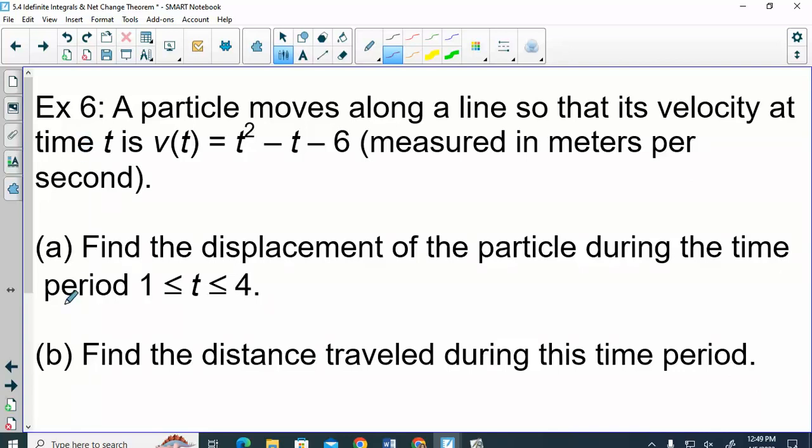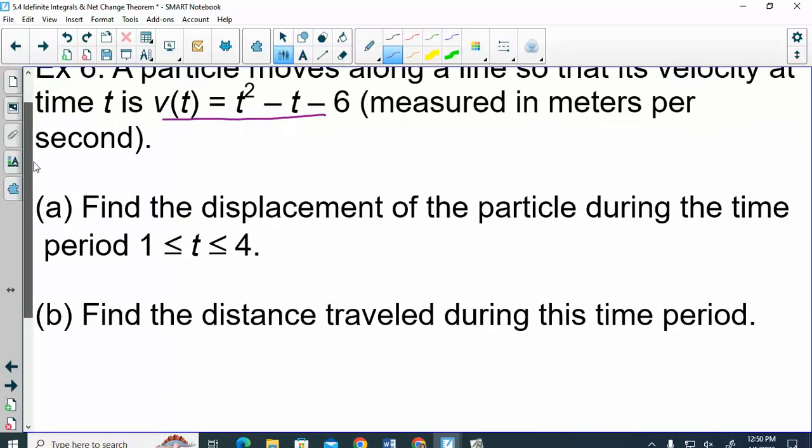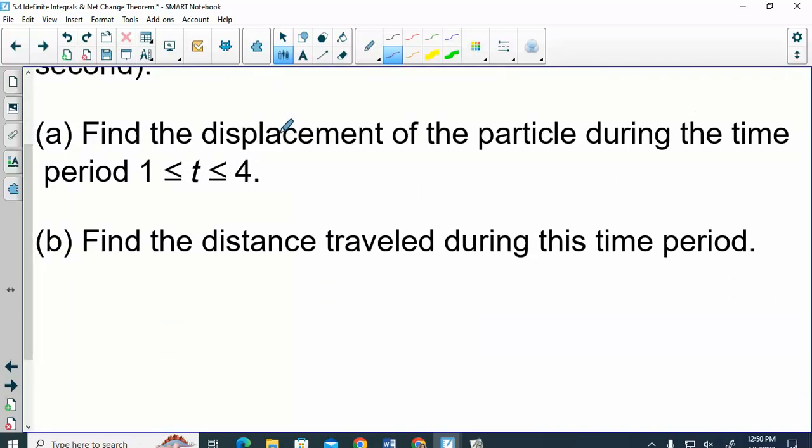So let's look at a problem. We have a particle moving along the line. So the velocity at time t is given by this equation. I want to find displacement and distance.